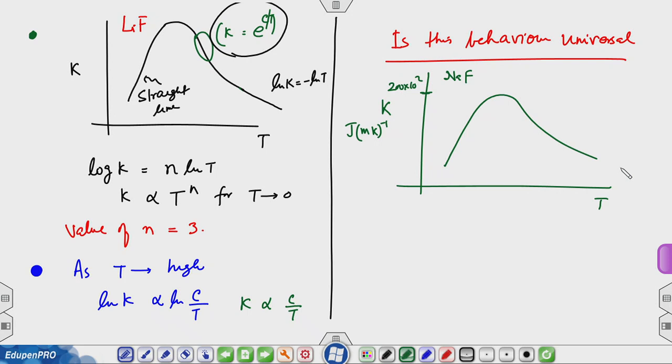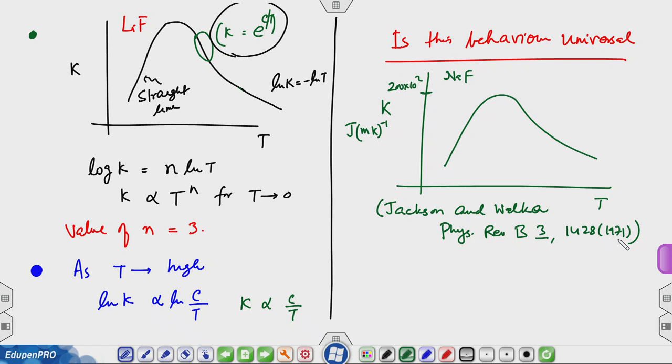And furthermore, if you make the sample purer, this is taken from Jackson and Walker, Physical Review B, volume 3, 1971.